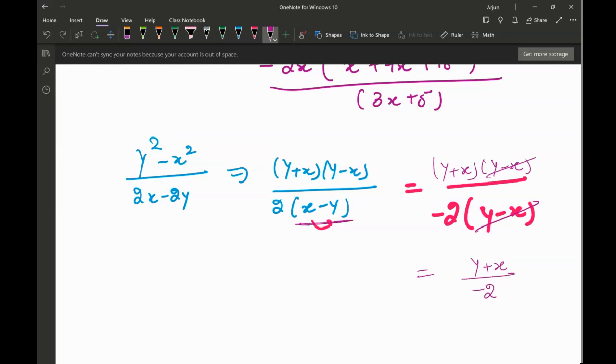What I have done one more time, I have taken the negative sign out, negative 1 out here, 2 times negative 1 here. I will write it as, means I'll interchange the signs in the bottom, y minus x. Think about this. If you rearrange, this goes in, this becomes negative, this multiplies with this becomes positive.